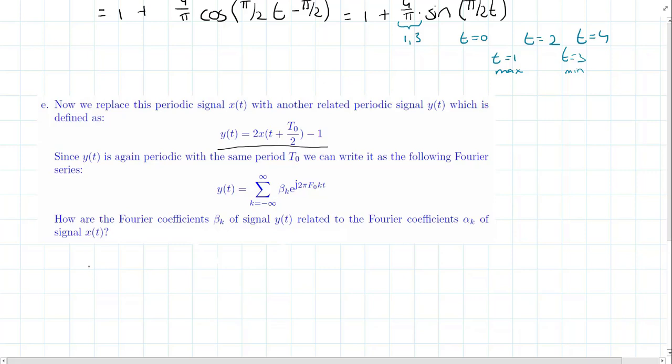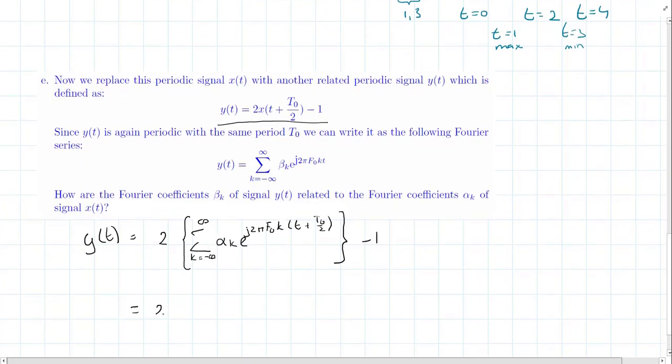So what we can do is we can rewrite the function of y of t, which is given here. However, instead of filling in x of t, we fill in its Fourier series. So what we get is the summation from k is minus infinity to infinity of alpha k e to the power j 2 pi f0 k times t. However, instead of t, we now have t plus t0 divided by 2. Then of course minus 1.